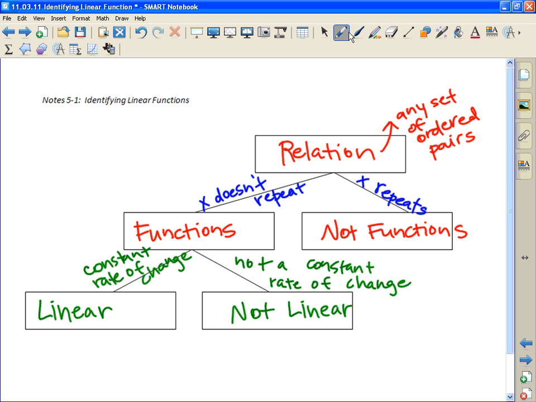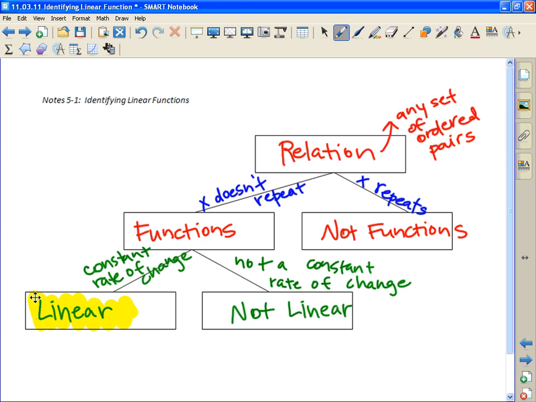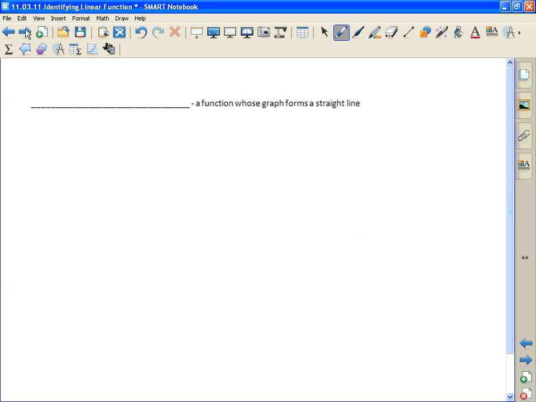The key part of today is determining if functions are linear. That's what we really want to know. Is a function linear? So that's our first blank right here. A linear function is a function whose graph forms a straight line. So if it's linear, it makes a line.